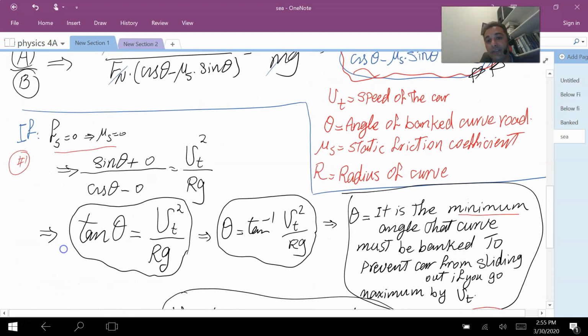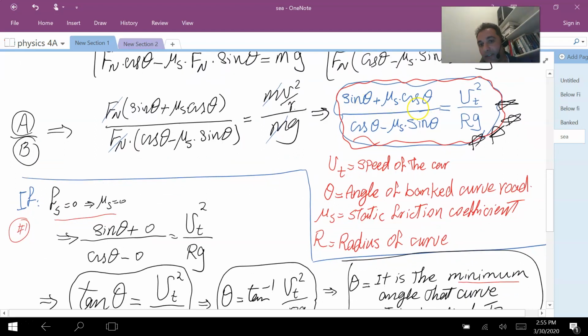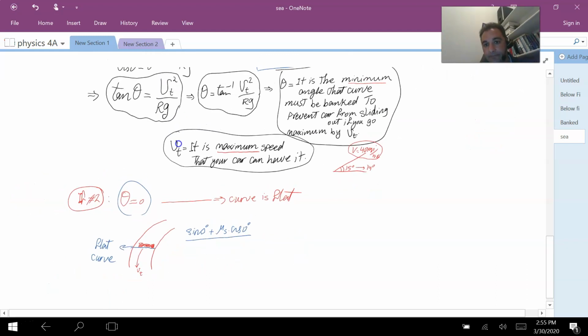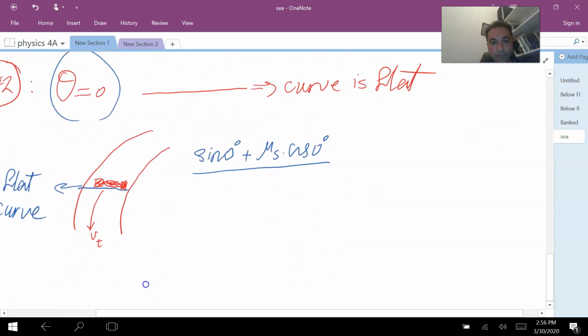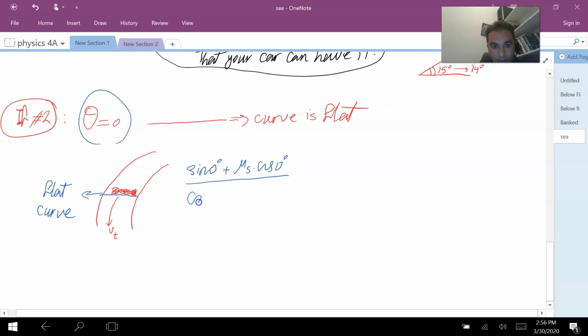So in this equation, the main equation, here instead of theta, I'm going to put 0. Therefore, I am going to have sine 0 plus mu s cosine 0 degrees divided by cosine 0 minus mu s sine 0 equal v square over Rg, or big R, let me put.